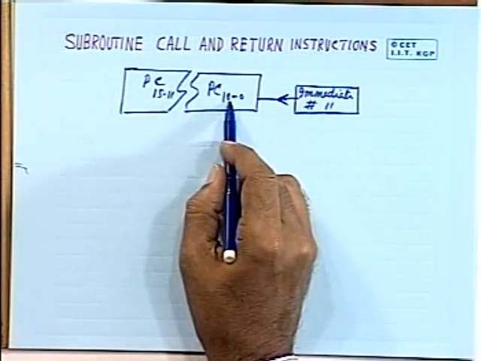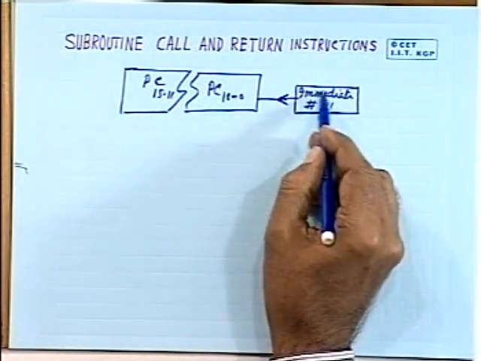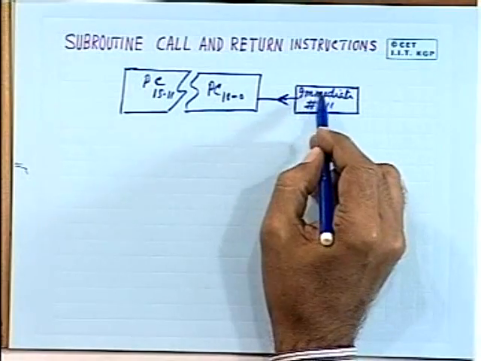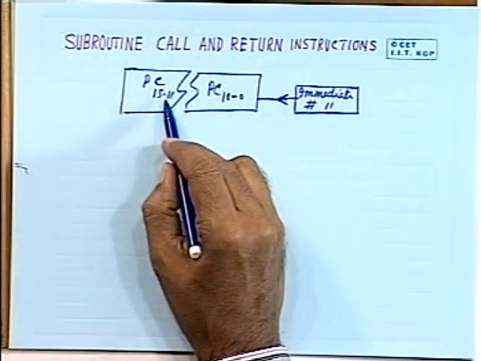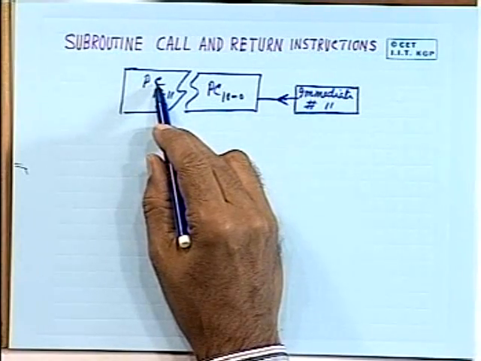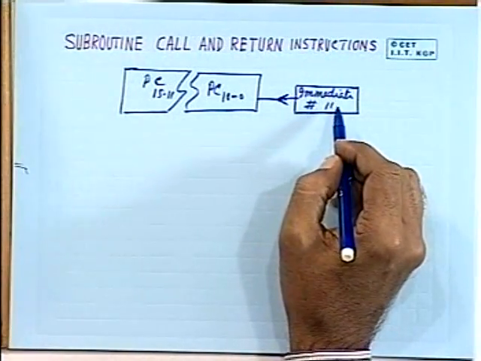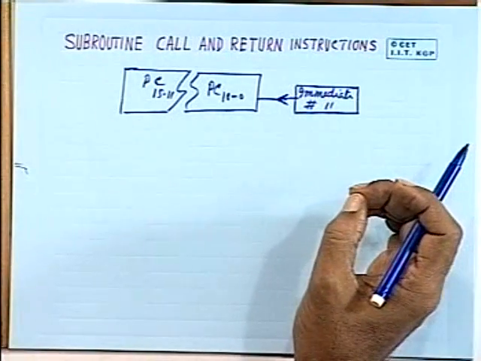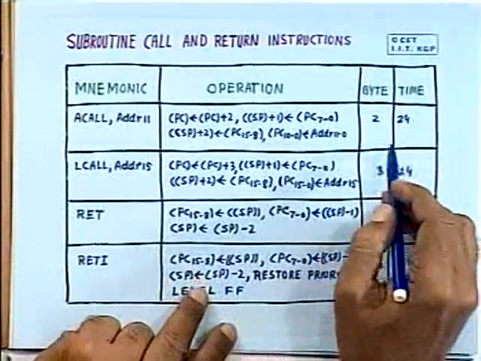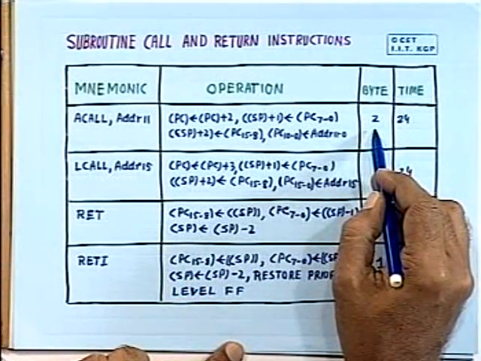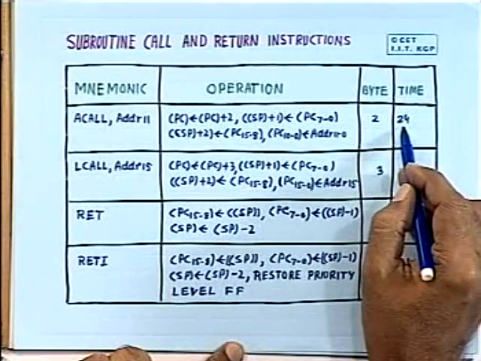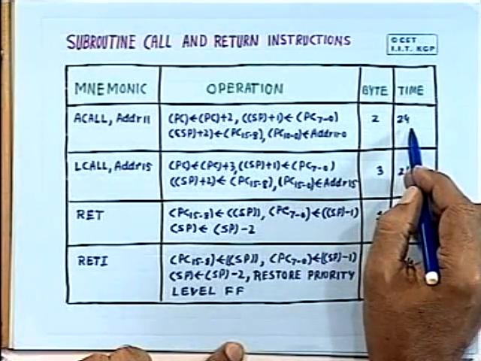In other words, by executing this instruction, the 11 bits available as immediate data are concatenated with the 5 bits available in the program counter. Out of these 11 bits, 8 bits are provided as the second byte, and the remaining 3 bits are provided in the opcode itself, in the most significant bits. In this case, the instruction size will be only 2 bytes, a short instruction, and the execution time is 24 clock cycles or 2 machine cycles.